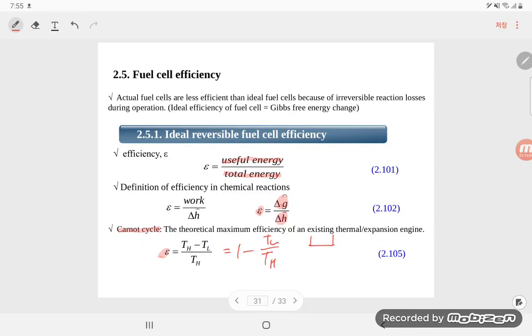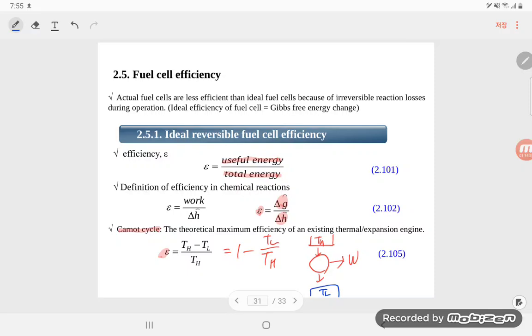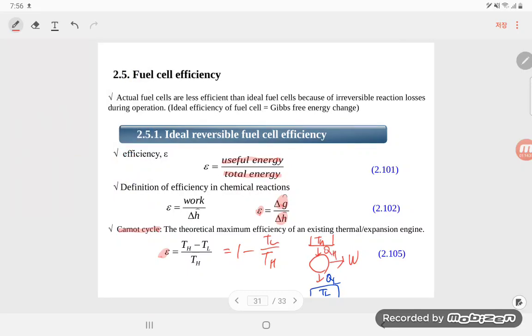If there is a TH and there is a thermal engine for generating work, and there is a cold reservoir TL, in the Carnot cycle the engine gets QH and generates an amount of work, and this is expressed like this. This is the maximum efficiency that an engine can make.